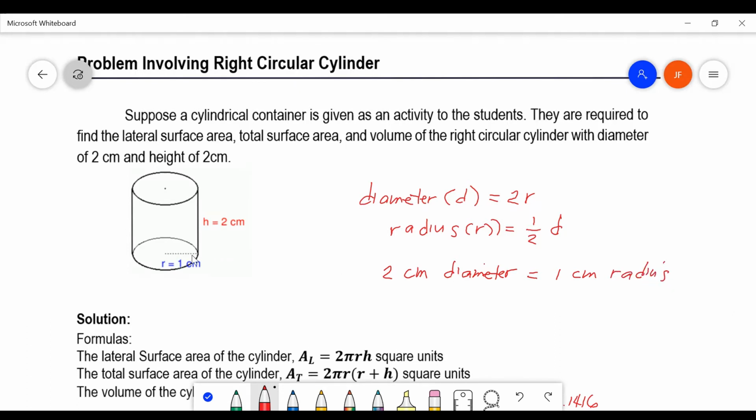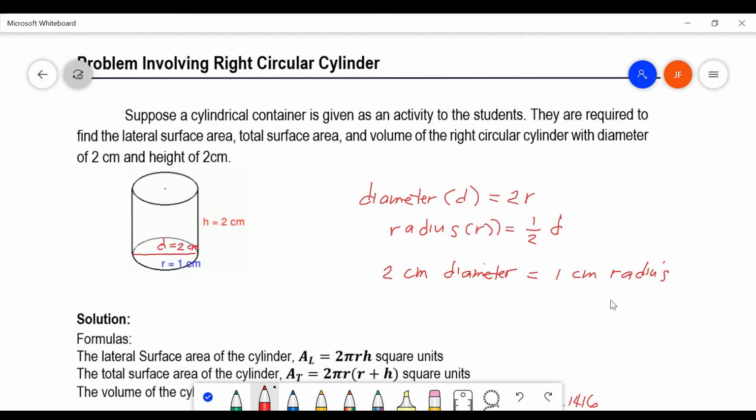So to visualize that, if you extend this line to the other side, that becomes the diameter. So the diameter in this case is 2 centimeters.